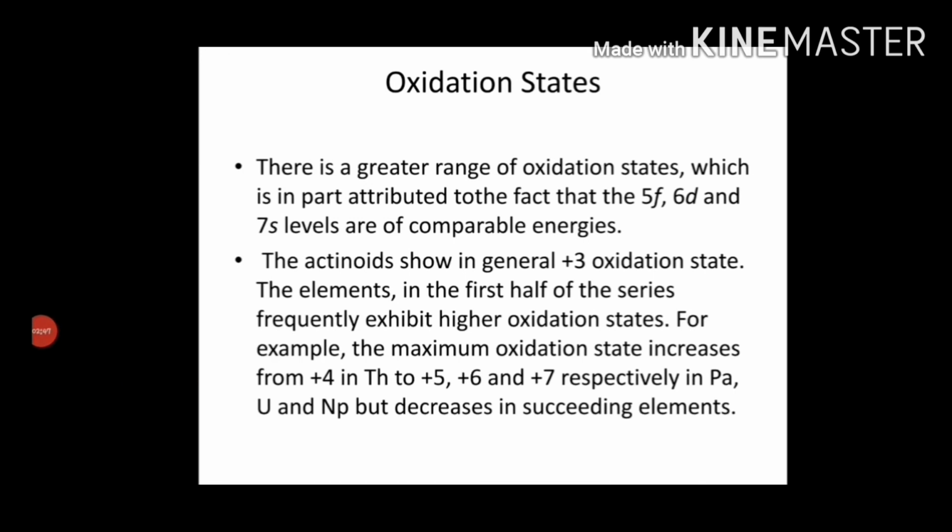The common oxidation state of actinoids is +3. However, they also exhibit the oxidation state of +4, +5, +6 and +7, and the +2 oxidation state in actinoids is quite rare.